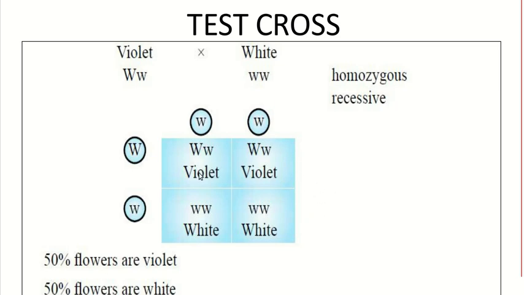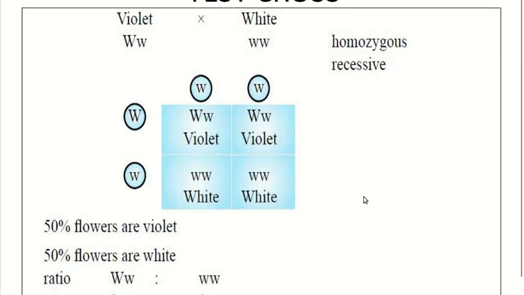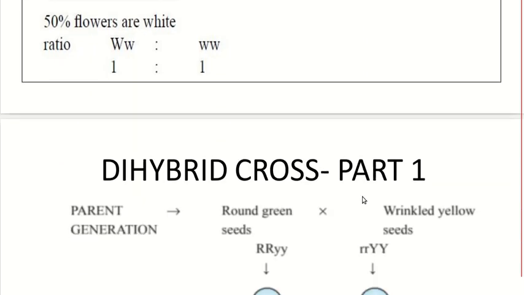If all of them are white, then it indicates that the parent is the homozygous parent. So with a 1:1 ratio, you can detect the unknown parent to be heterozygous.